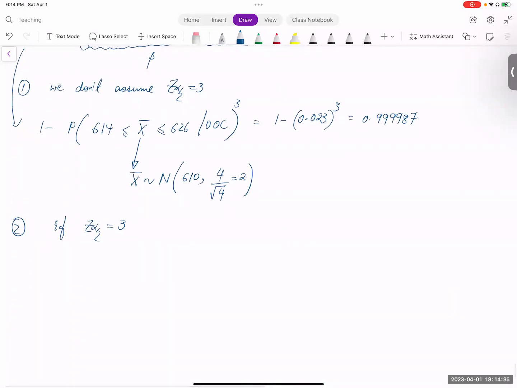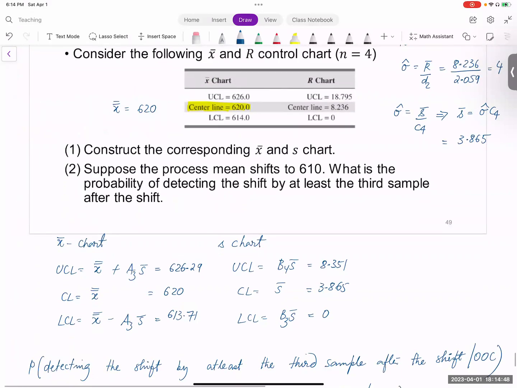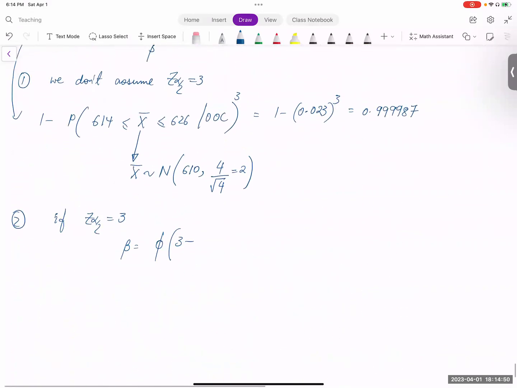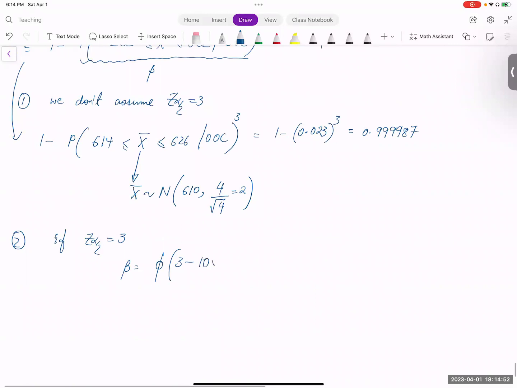So if you assume Z alpha over 2 equals 3, your beta is phi of Z alpha over 2 minus delta, where delta is 10, since it goes from 620 to 610, times square root of n divided by sigma, minus phi of -3 minus 10 times 2 divided by 4.